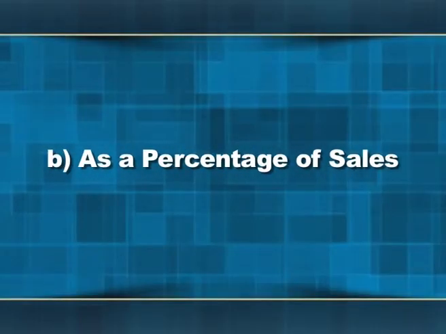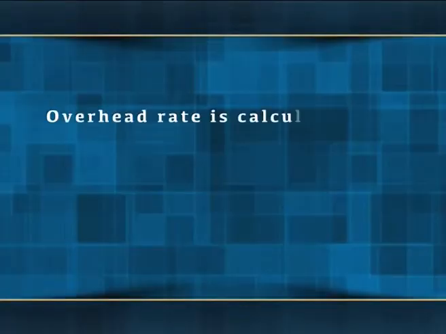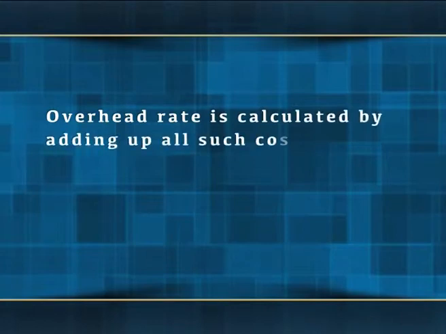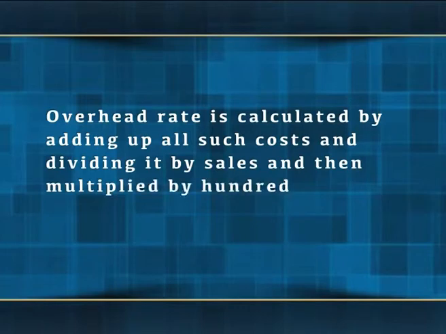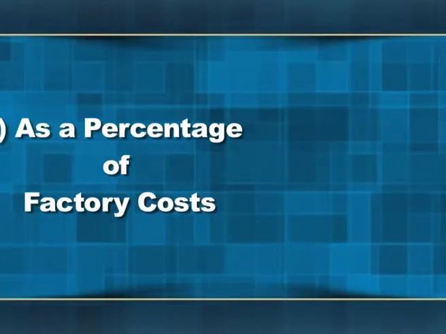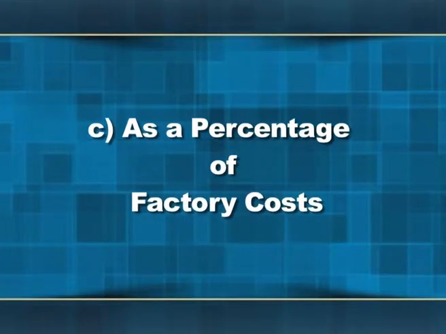Point B, as a percentage of sales. This method is used for apportionment of direct selling costs, general administration, finance costs and miscellaneous expenses. Overhead rate is calculated by adding up all such costs and then dividing it by sales and then multiplying by 100. Number C, as a percentage of factory costs.